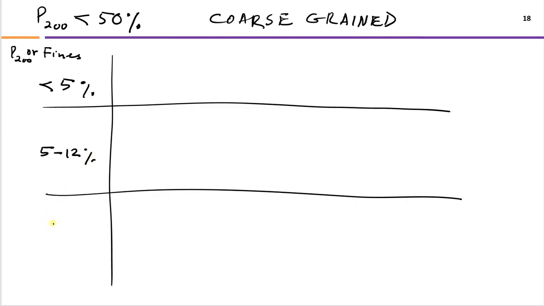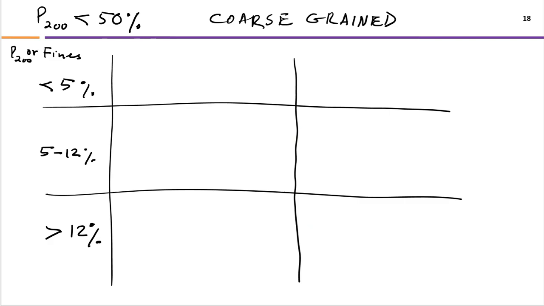And the third case is when it is greater than 12%, but less than 50%. I am just going to write greater than 12%, but it will be up to 49 point something, because when it is 50, it goes into another category. Now there are 2 further divisions, and that division is for sand and gravel.